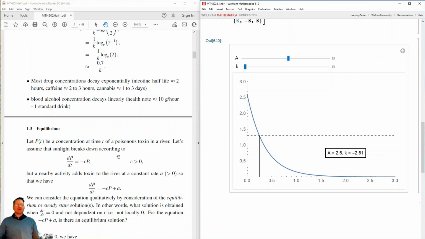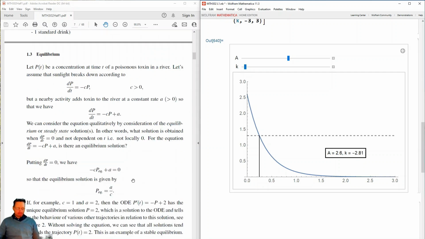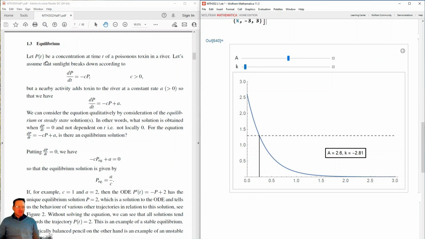Okay, now let's move on and talk about equilibrium. So let P of T be a concentration at time T of a poisonous toxin in a river. Let's assume that sunlight breaks that toxin down according to this relationship. The rate at which the toxin breaks down is minus a positive constant, so this is a negative number, times P. So in other words, the rate depends on how much toxin is in that river.